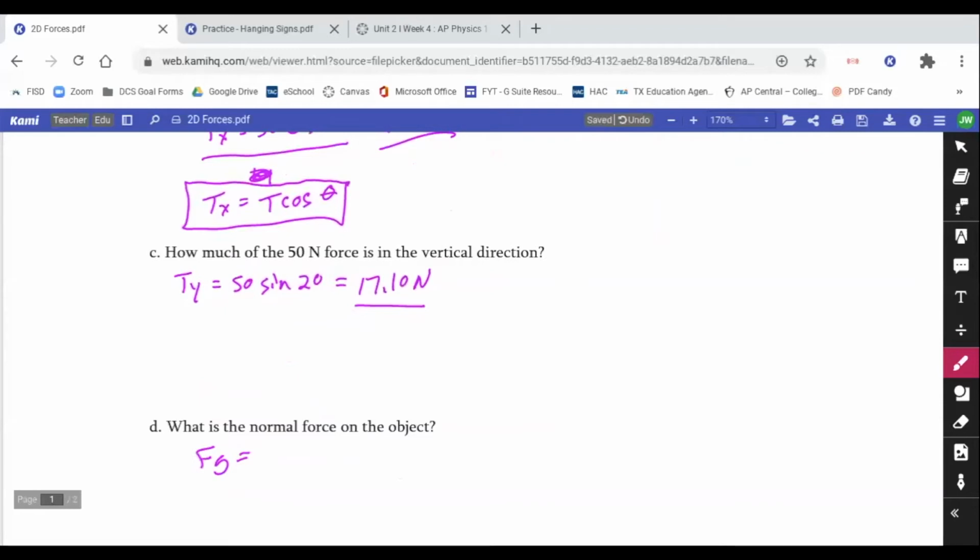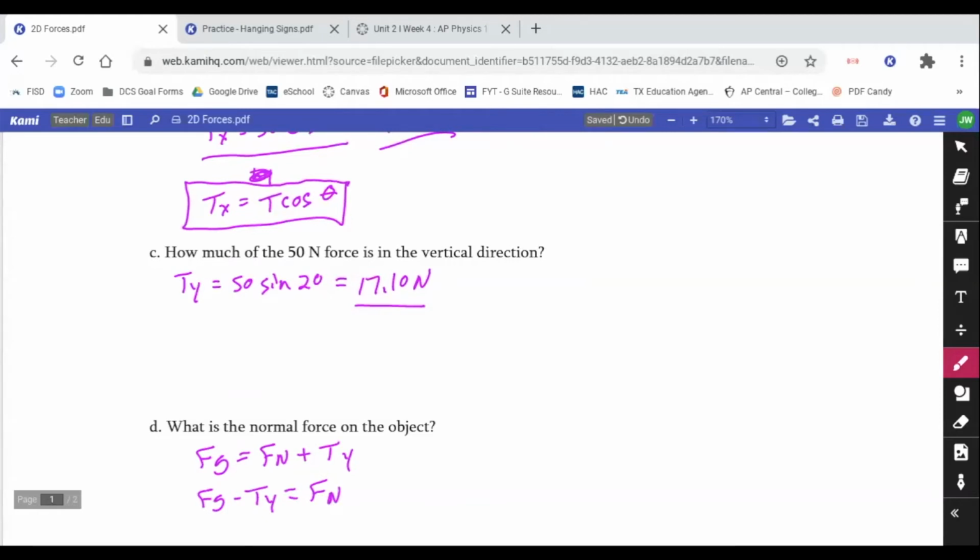And the force up was force normal plus tension in the y direction. If we rearrange that, we would say that force of gravity minus the tension in the y direction is equal to the force normal. That shows it's smaller than the force of gravity.